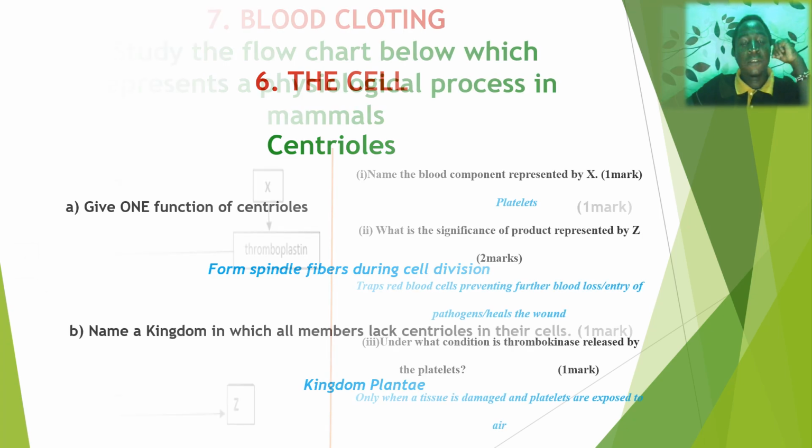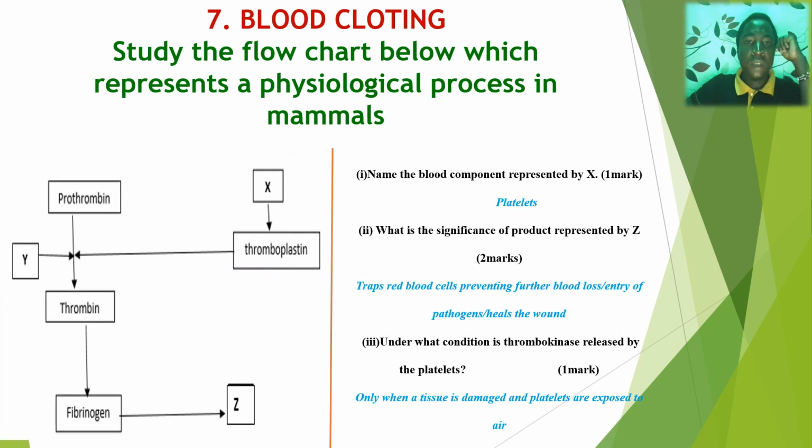Okay. Question 7 comes from circulatory system also, blood clotting. So study the flowchart below, which represents a physiological process in mammals. Okay, so we have prothrombin here. Then we have Y. Then we have X, which leads to thromboplastin.